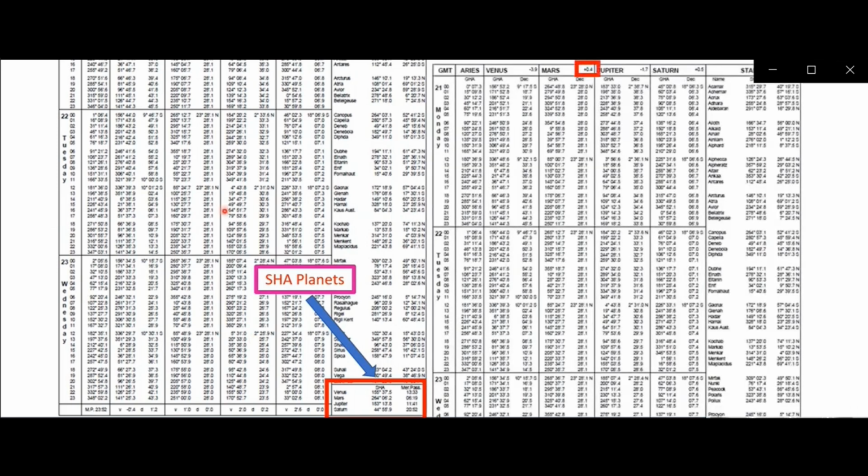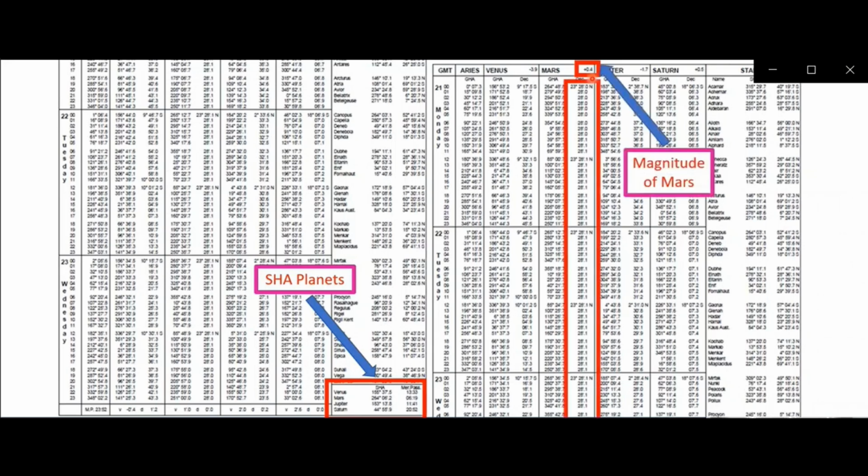Now, if we go to the same table on top, here against Mars, we find its magnitude, it's -0.4. So this is from where we picked up the magnitude of Mars. This is the column for declination of Mars. So the SHA of Mars was seen from here, its magnitude from here, and declination from here.